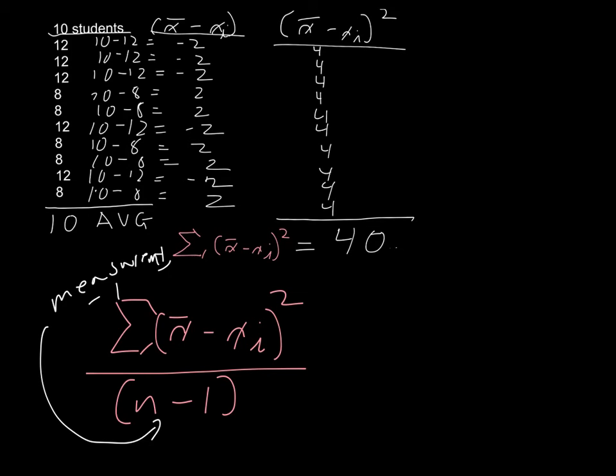In this experiment, I have 10 measurements, right? I have 10 students, so I have 10 measurements here. So I have 10 minus 1, which, yes, I know is 9, but I wanted to make clear I was doing it. And then 40, right? We just determined that this quantity right here is equal to 40.